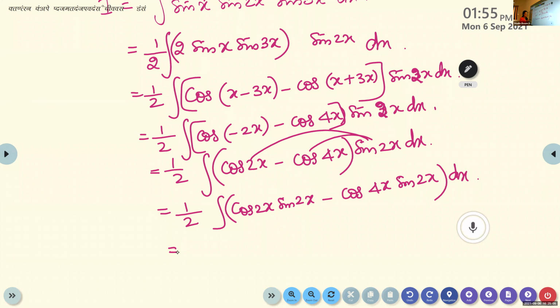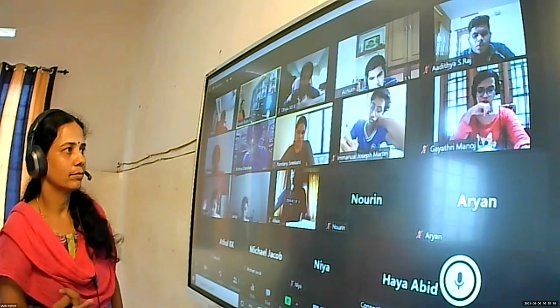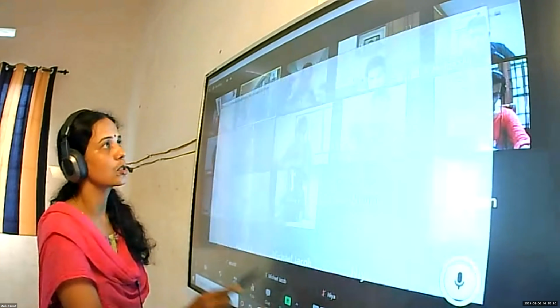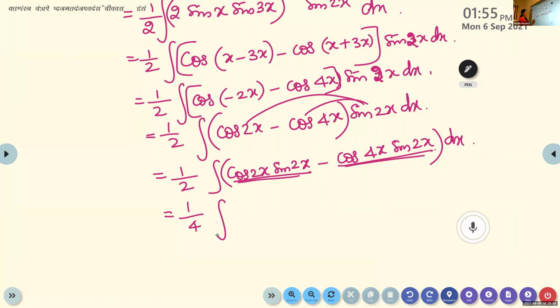Once again, we have the function in product form, so we have to use product to sum. Again we need 2, which is not there, so you multiply by one more 2. It will become 1 by 4 into integral of 2 cos 2x sin 2x minus 2 cos 4x sin 2x dx.